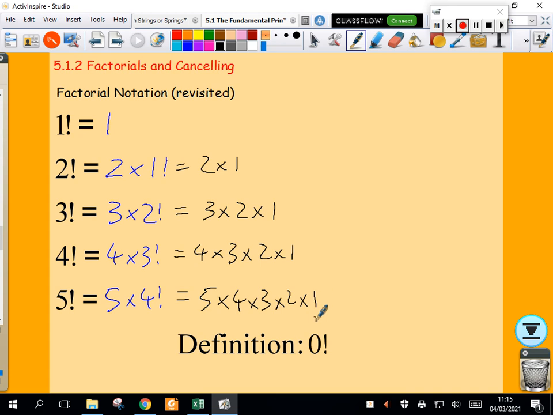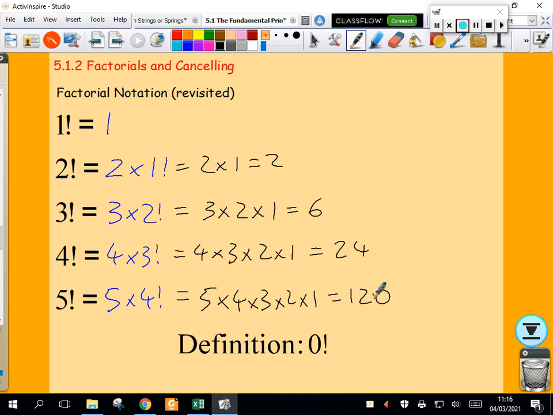Each of these can be calculated, reasonably straightforward. 2 by 1 is 2, 3 by 2 by 1 is 6, 4 times 6 is 24, 5 times that is 120, 6 factorial I can work out would be 720, etc.